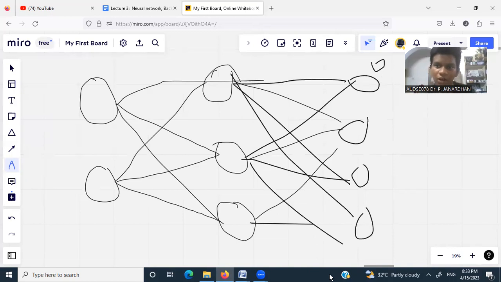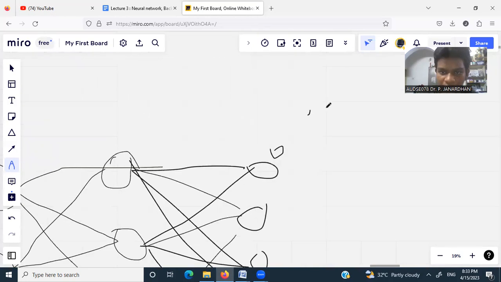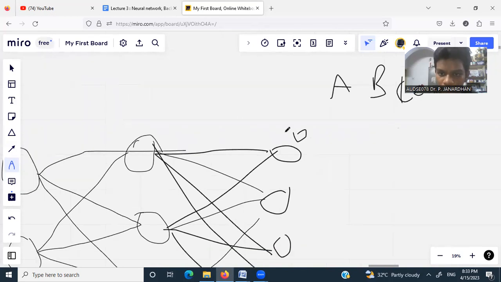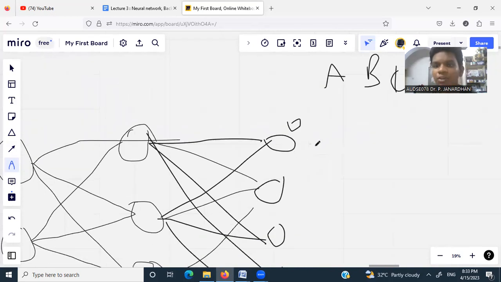So what will each neuron predict? We have persons A, B, C, D. The first neuron will output the probability of the image being A. Let's say it generates a number of 0.2.